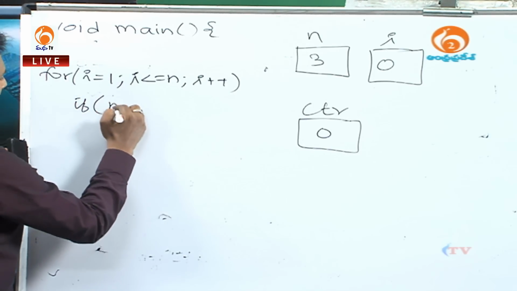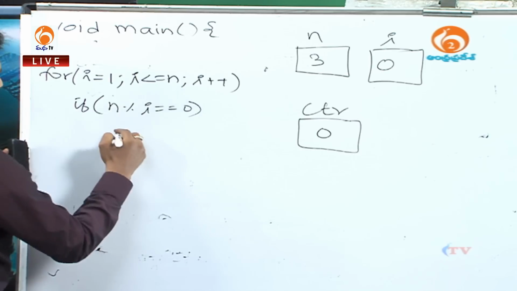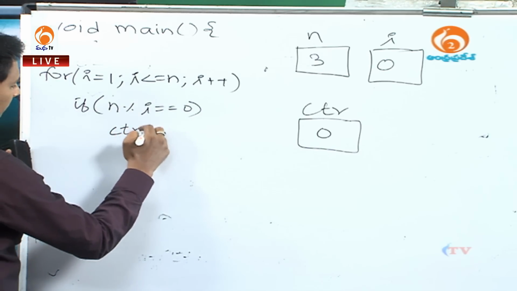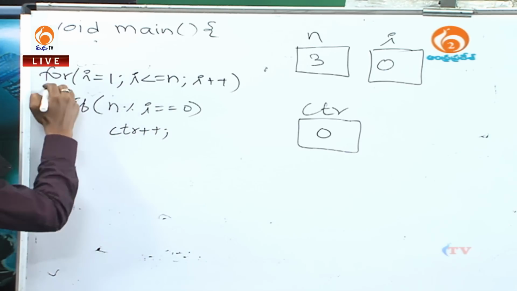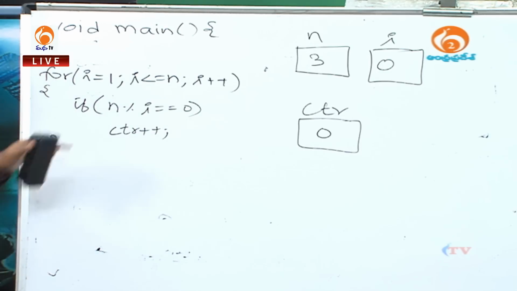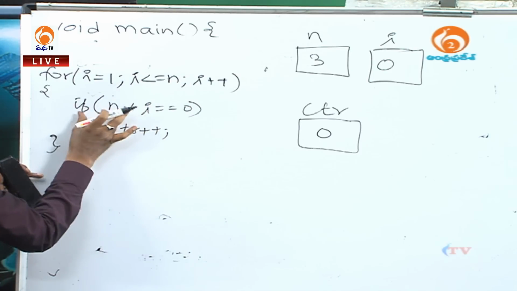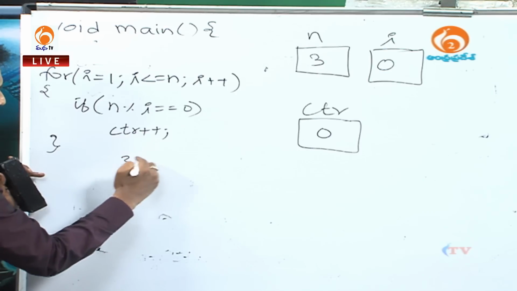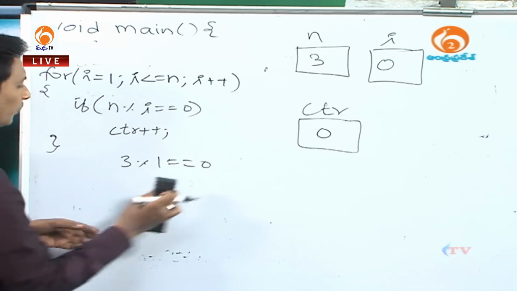This is the logic. If n modulo i double equal to 0, then counter equals counter plus 1. Okay, i equal to 1. 1 is less than or equal to 3, which is true. Now control comes here: n here means 3, modulo i which is 1, double equal to 0. Yes, it is true.